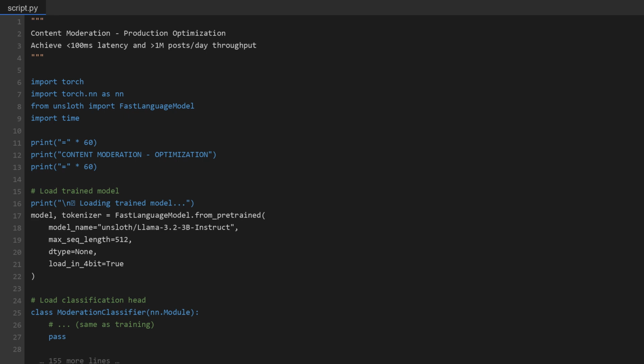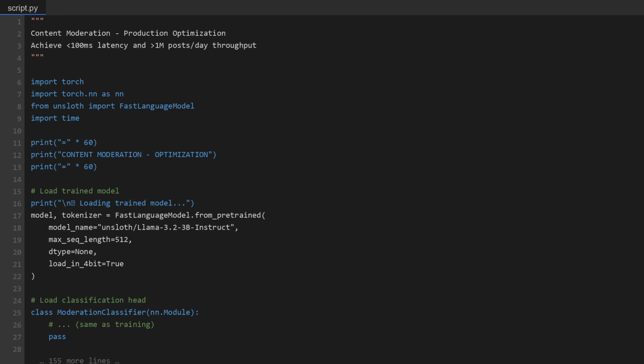Dynamic batching is the second major optimization. Instead of processing one post at a time, the batched moderator class accumulates requests and runs them through the model together. The throughput gains here are significant because GPU utilization jumps from maybe 20% on single requests to near full utilization on batches.